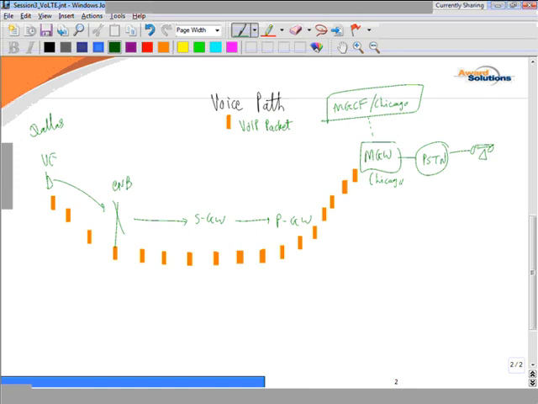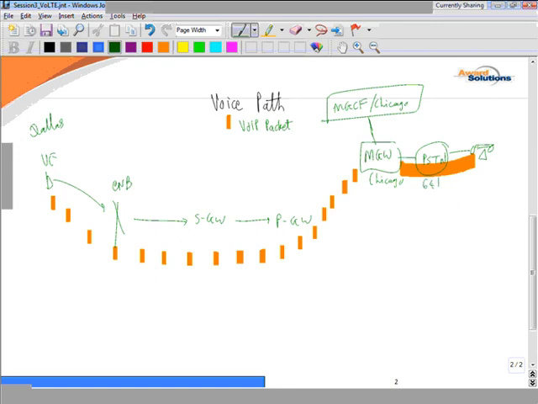So the media gateway control function has selected this media gateway close to Chicago, and that will convert our voice over IP into something that PSTN can understand.